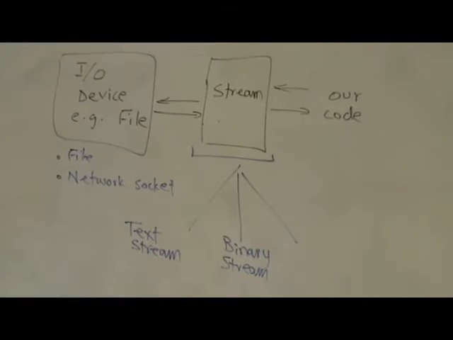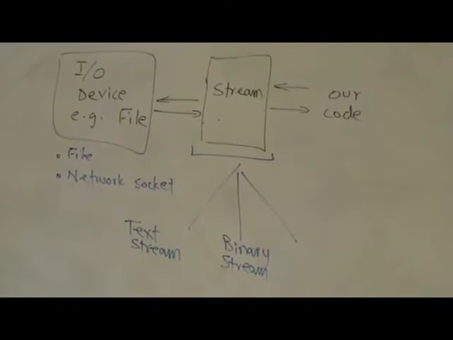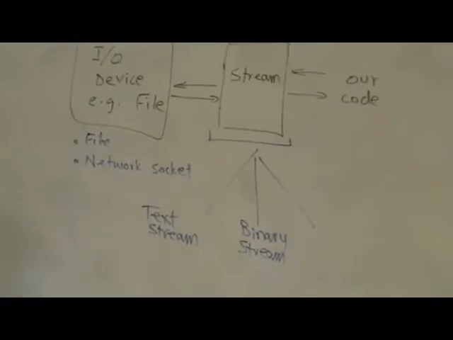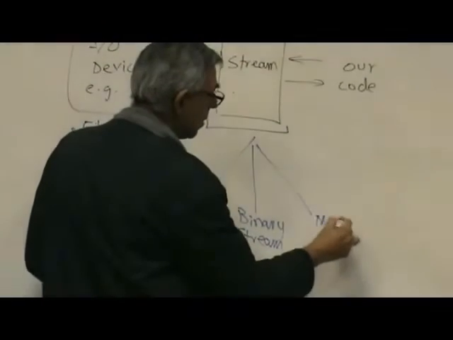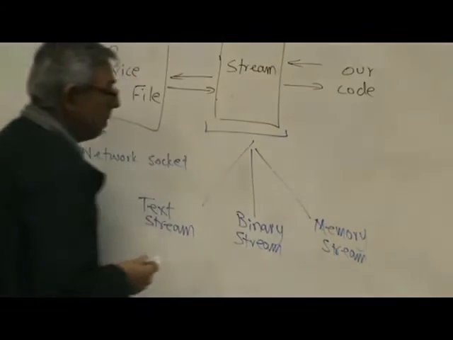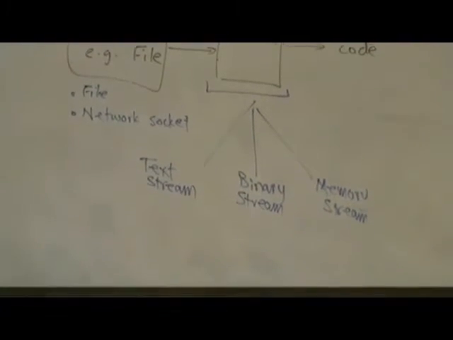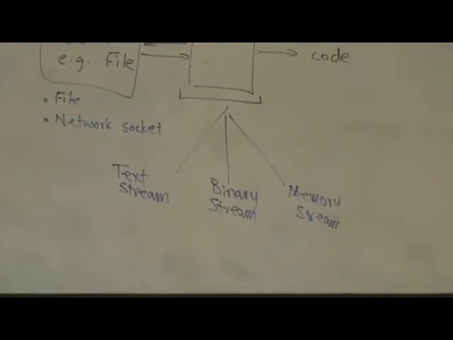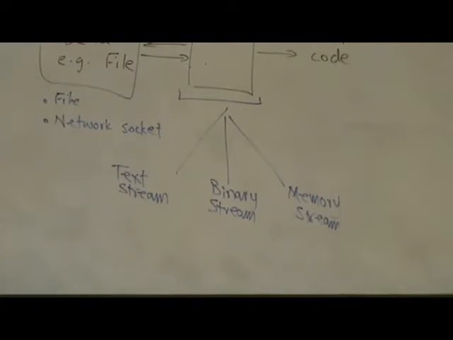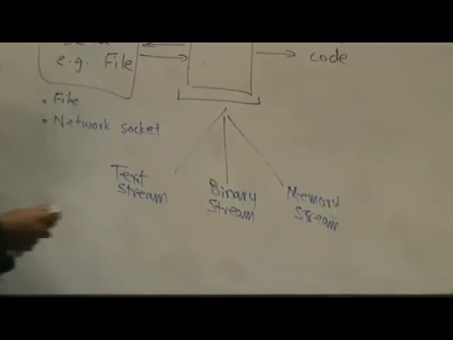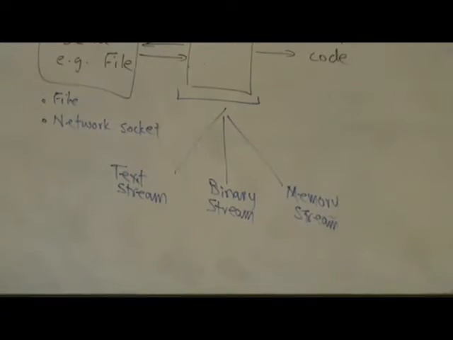If it is a comma delimited, tab delimited, or regular text file, then obviously a text stream needs to be associated with it. There's another kind called memory stream, where we use the file content and dump it into memory before further processing. A little bit later I'll show you the memory stream. Anyway, these two are very popular, so today let me at least cover these two.